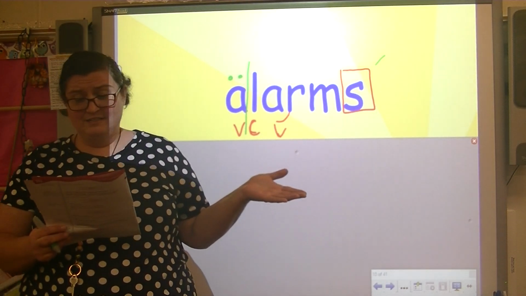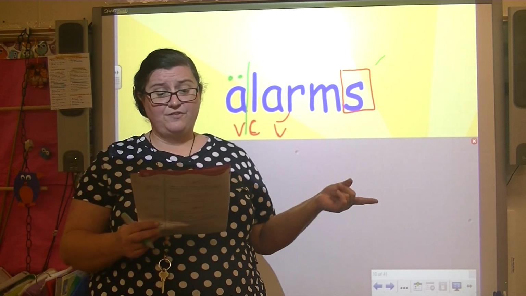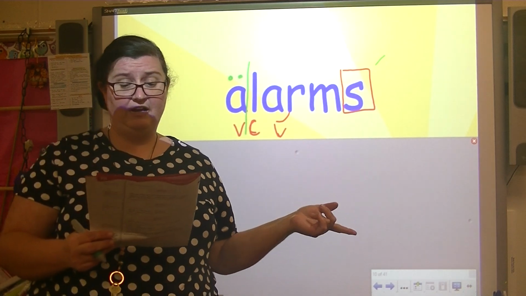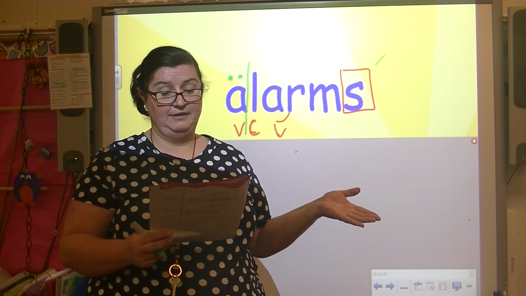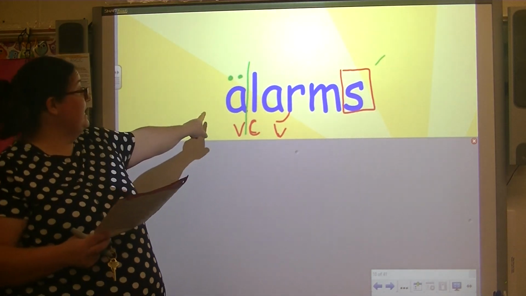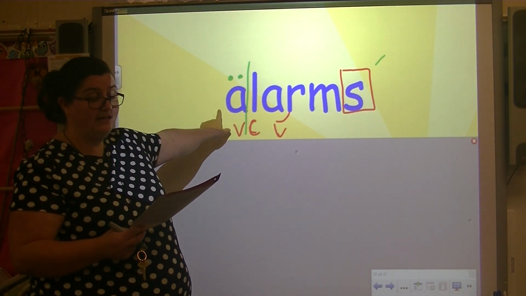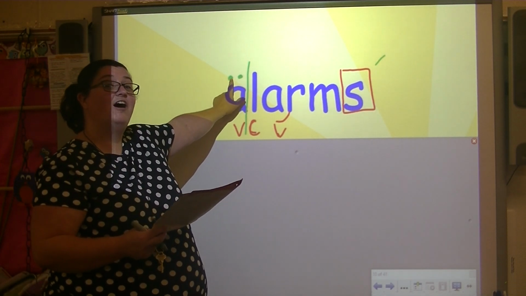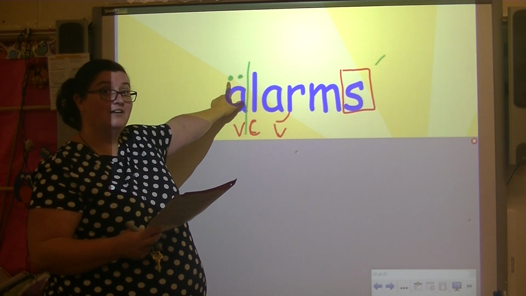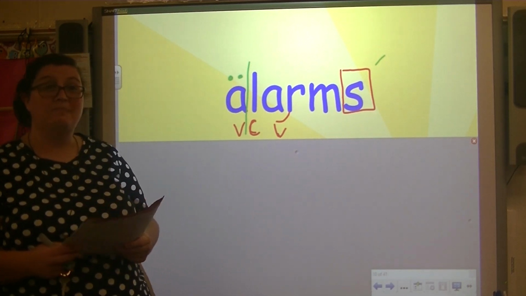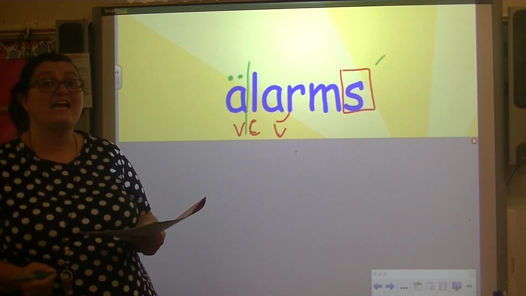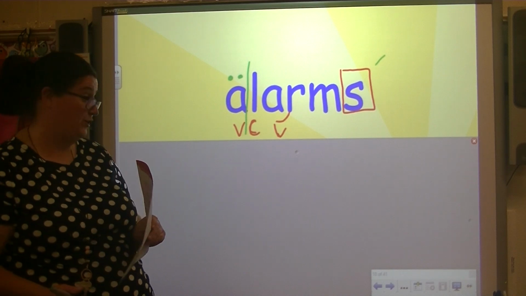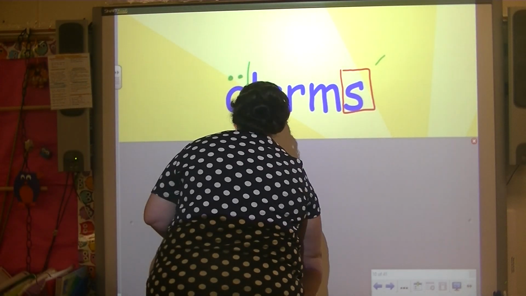Now, the first A is open and unaccented. When the letter A is open and unaccented, it doesn't make the ah sound. It's going to make a schwa sound. Do you remember the schwa sound?